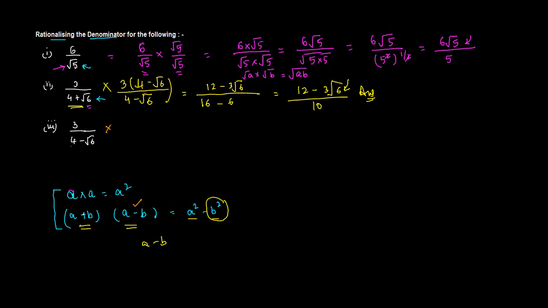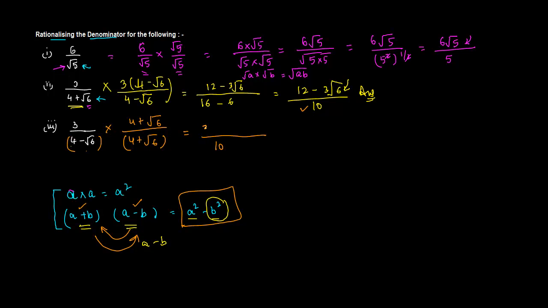A minus b is already there, so I need to multiply it by a plus b. So 4 plus square root of 6 into 4 plus square root of 6. So this again becomes a minus b into a plus b, right? It doesn't matter whether you multiply this with this first or this with this first. The answer always remains the same, a square minus b square, which we solved here to get 10.